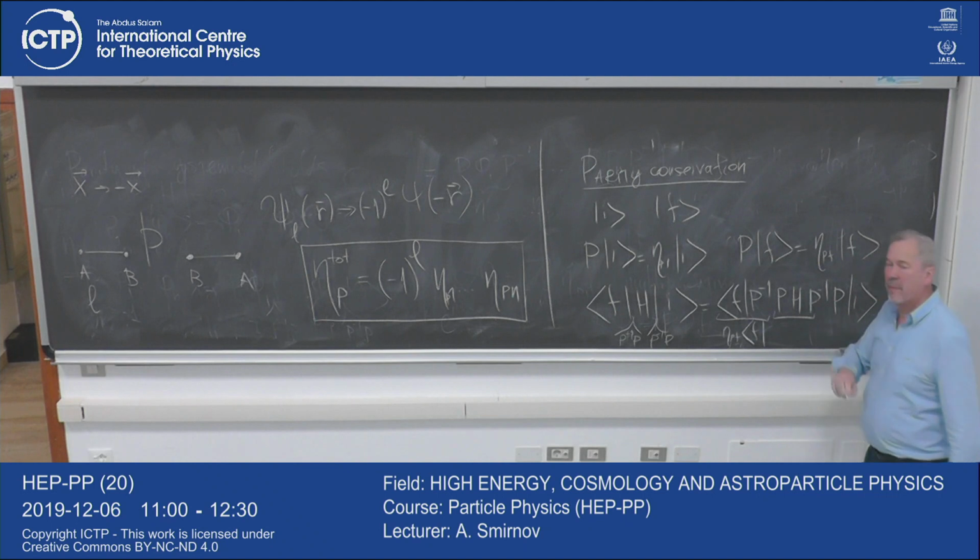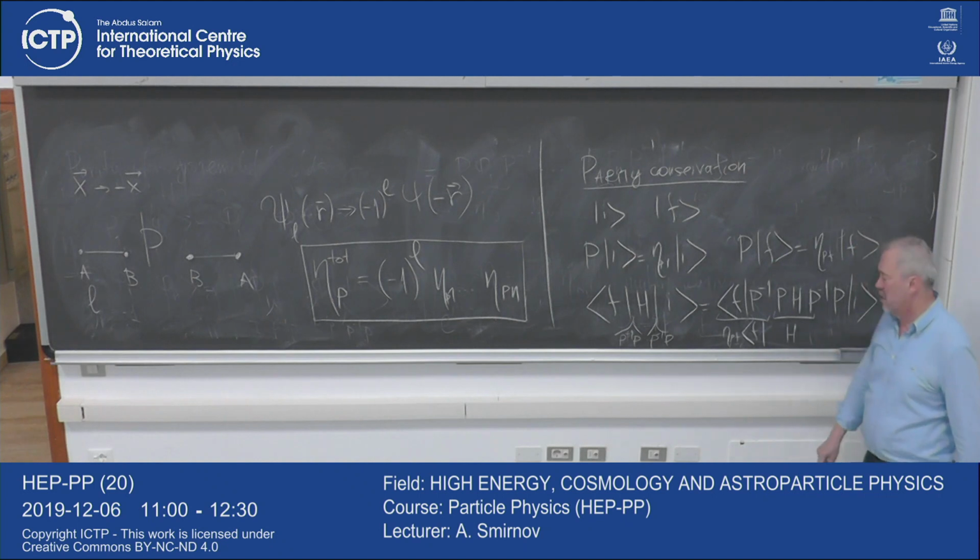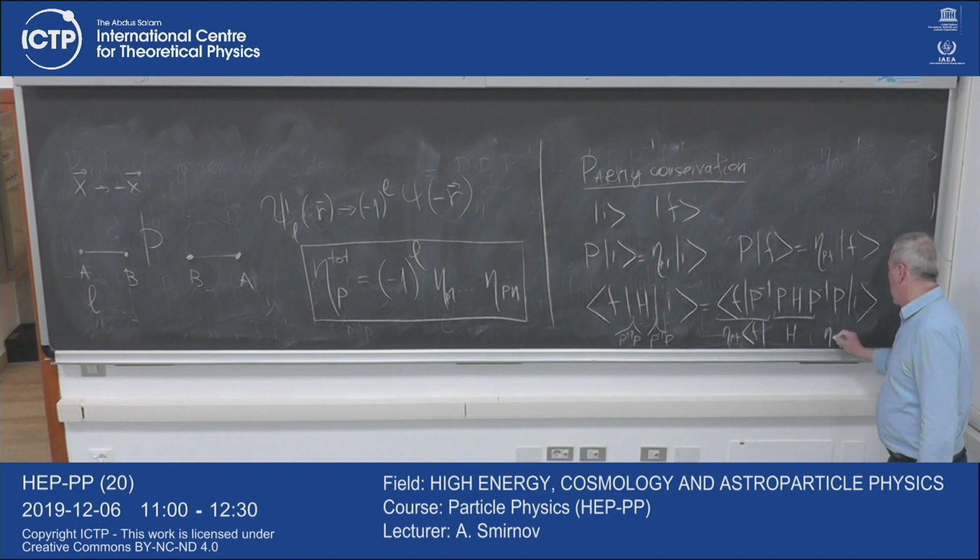Now, if the Hamiltonian is invariant under P transformation, then this is by definition just H, and this gives me eta P initial, and this is initial state.